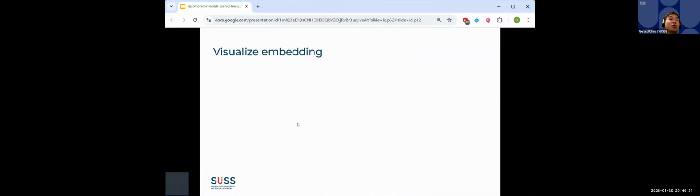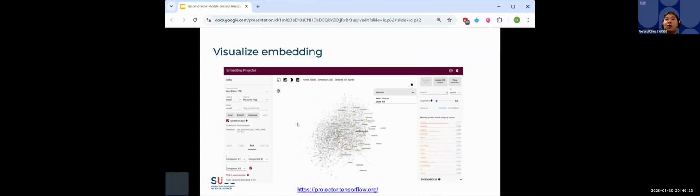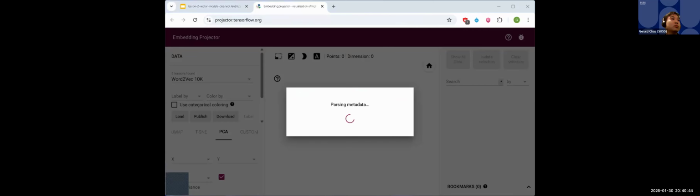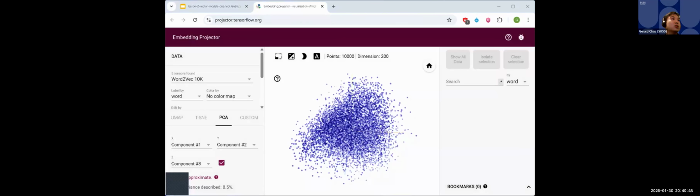So to visualize embeddings, another tool you can test out is the Projector in TensorFlow. Let me try to load this. Okay, computing PCA.